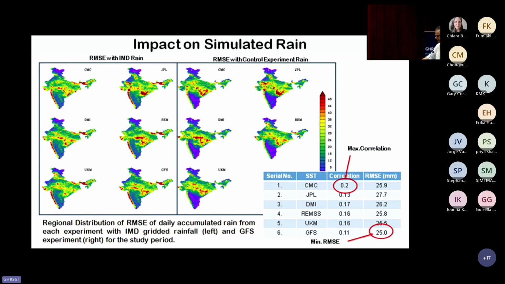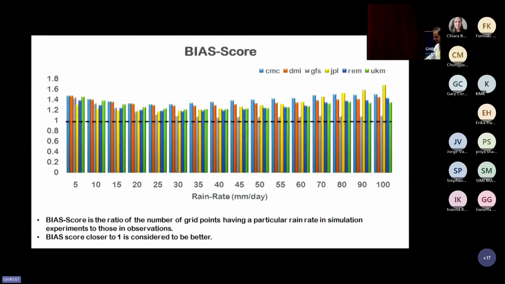Now, what we found is that the Canadian Meteorological Center simulated rainfall has the maximum correlation, while the GFS simulated rainfall has the least correlation. Then we also computed the metrics, the bias score and the skill score. What we found is that the bias score is closer to 1, which is considered to be the best, for the GFS simulated rainfall.